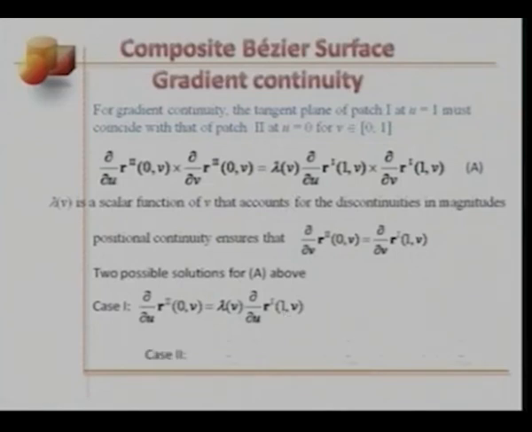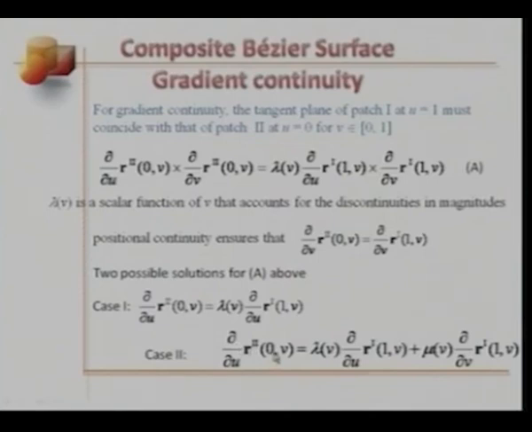And case 2, the first derivative of the second patch with respect to u at u equals 0 is a linear combination of the first derivative of patch 1 with respect to u and the first derivative of patch 1 with respect to v. The two scalars we use are lambda of v and mu of v.